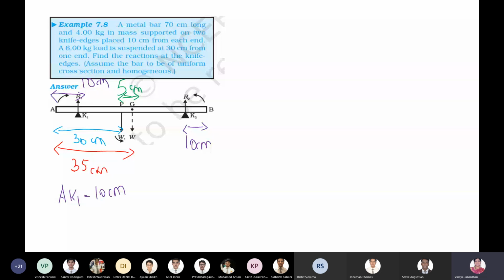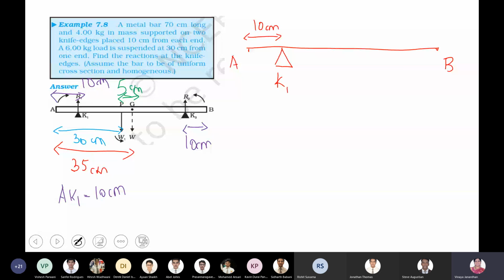I have a metal bar AB of length 70 centimeter and 4 kilogram in mass, supported on two knife edges placed 10 centimeter from each end, which means if I place a knife edge K1, it should be 10 centimeter from here to here. Then I have another knife edge K2.